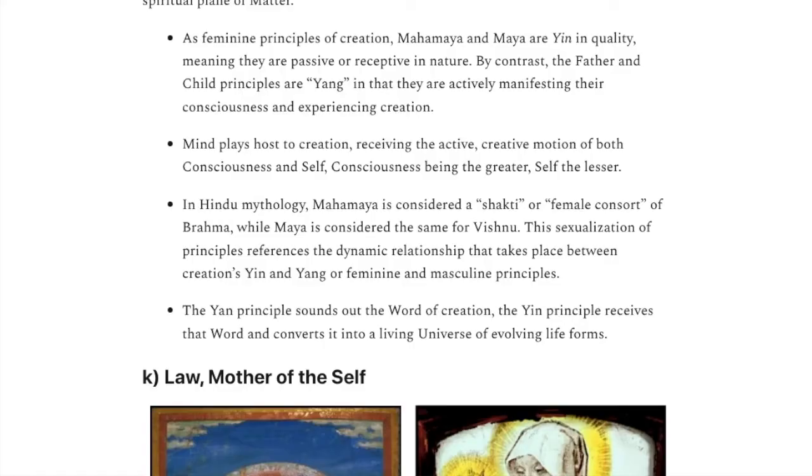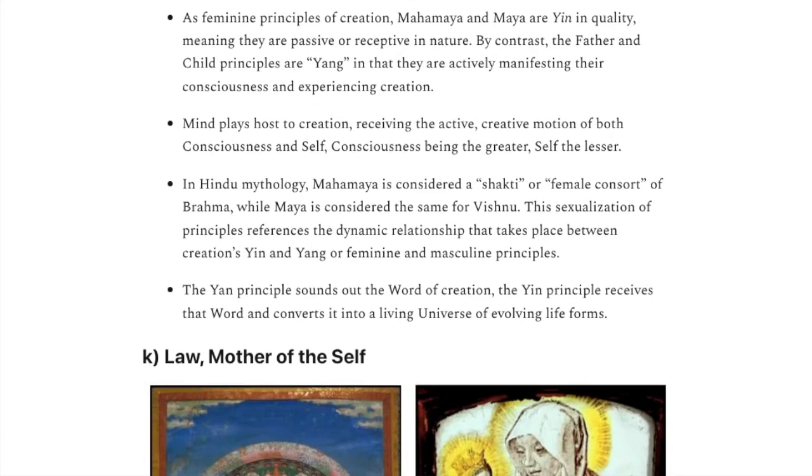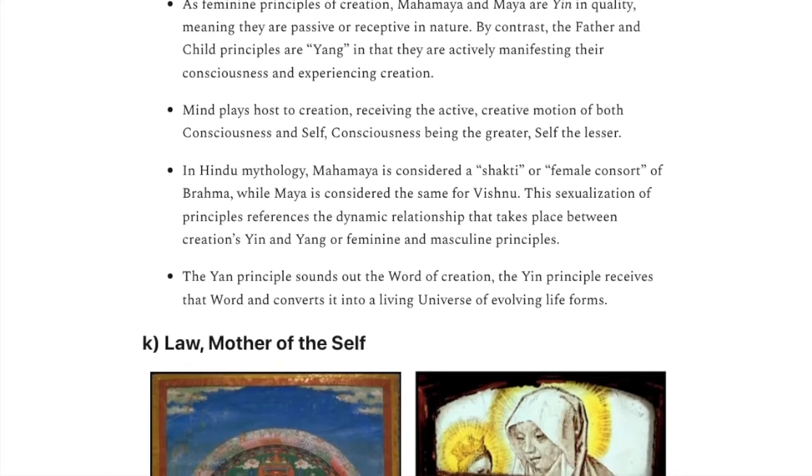But the sexualization or the gendering of principles references the idea that a dynamic creative relationship takes place between creation's yin and yang, or feminine and masculine principles. This polarity is part of the fundamental generation process. So the yang principle sounds out the word of creation.